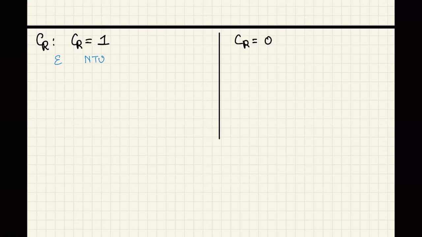Cr equals 1, change in temperature of hot and cold fluids will be the same. Correct. So basically when Cr equals 1, we can see that Cc is equal to Ch, correct?